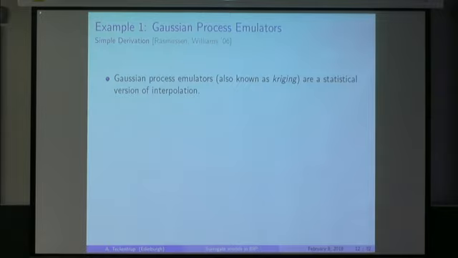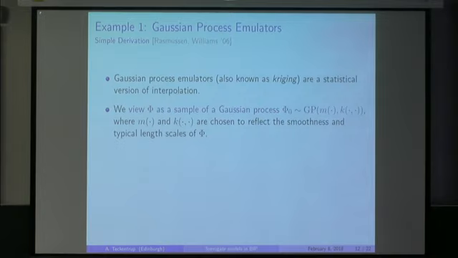I should say it's also quite a simple setup for Gaussian process emulation, where you can do more general things as well. So just to recap very briefly how it works, you have your function phi that you want to approximate. You view it as a sample of some Gaussian process with some mean and some covariance structure. The mean and the covariance structure will depend on what your phi is.